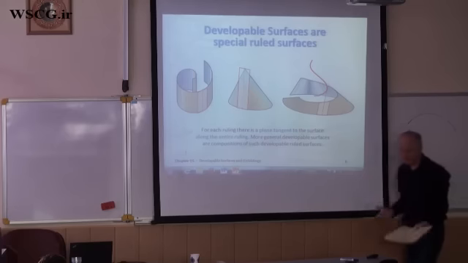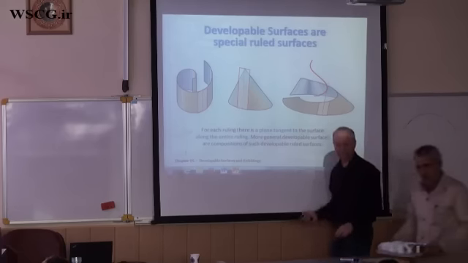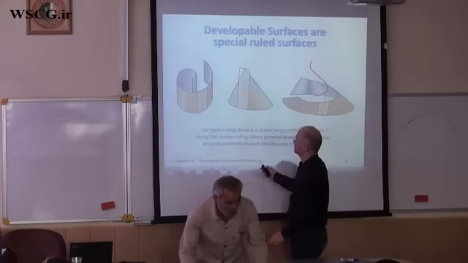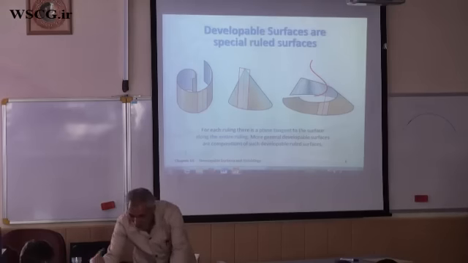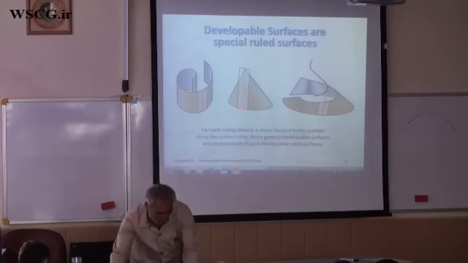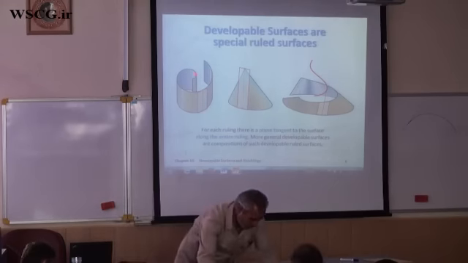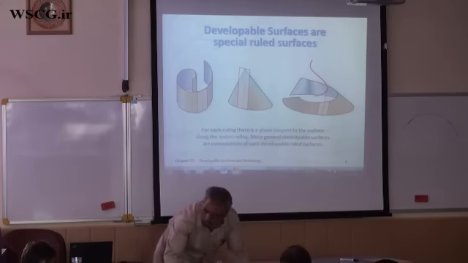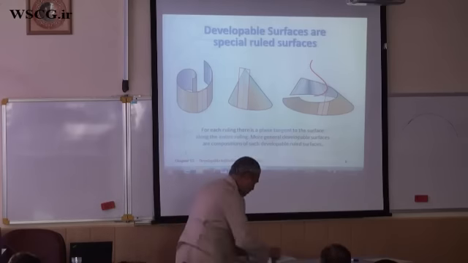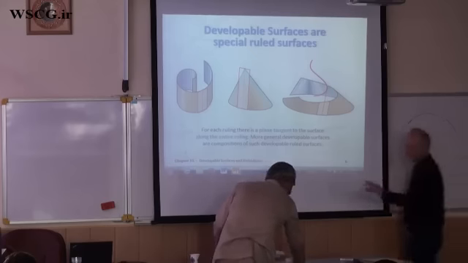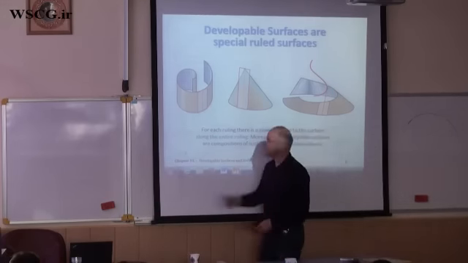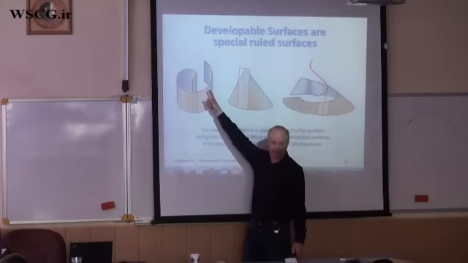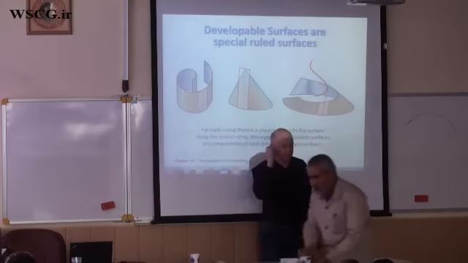So one type of developable surface is in fact the cylinders. And once again, I repeat, I think I said it yesterday, a cylinder has an arbitrary base curve, and then it has a family of parallel straight lines. And you see, along such a straight line, we have a single tangent plane.